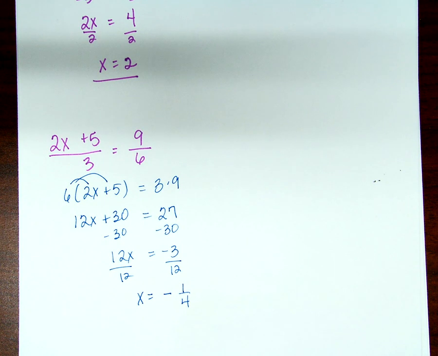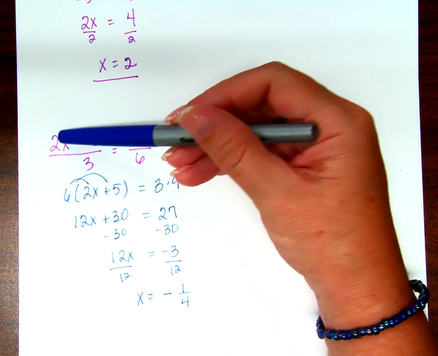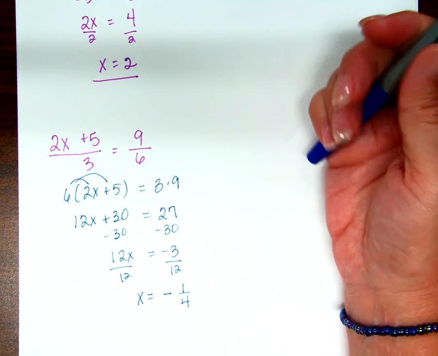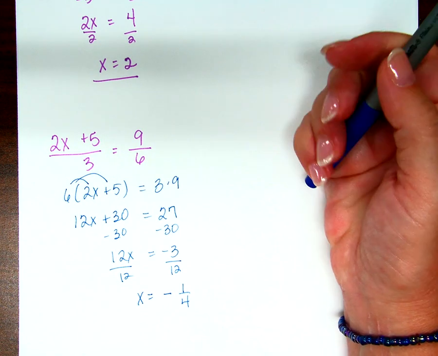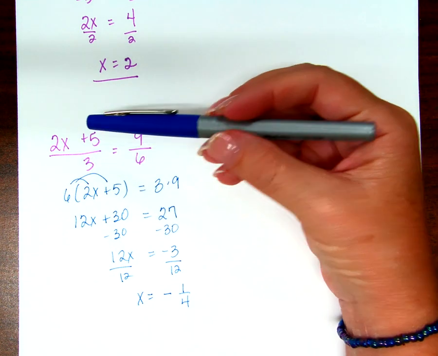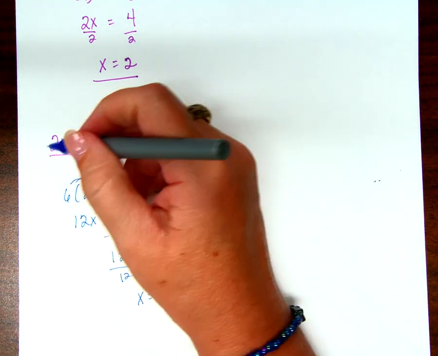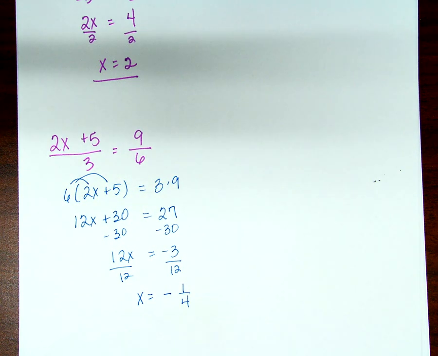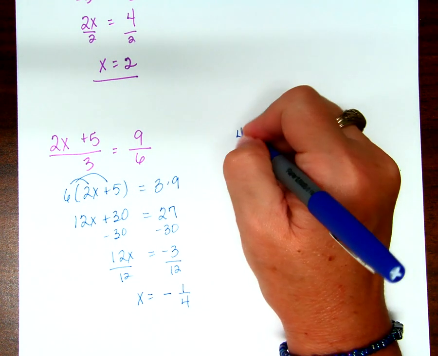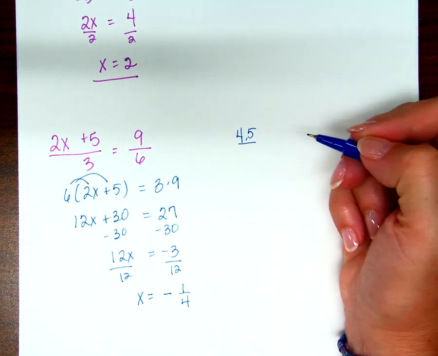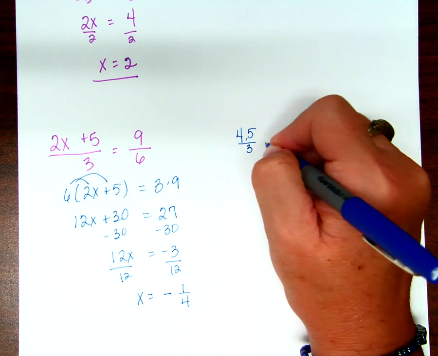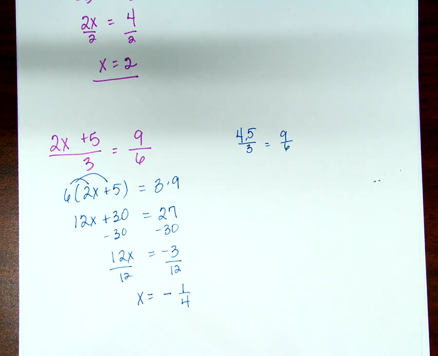This one's a little messier to check, isn't it? Still need to though, right? 2 times negative 1/4. So negative half. Negative half plus 5, 4.5. So 4.5 over 3 equals 9 over 6. How do we solve that? How do we know if that's true?